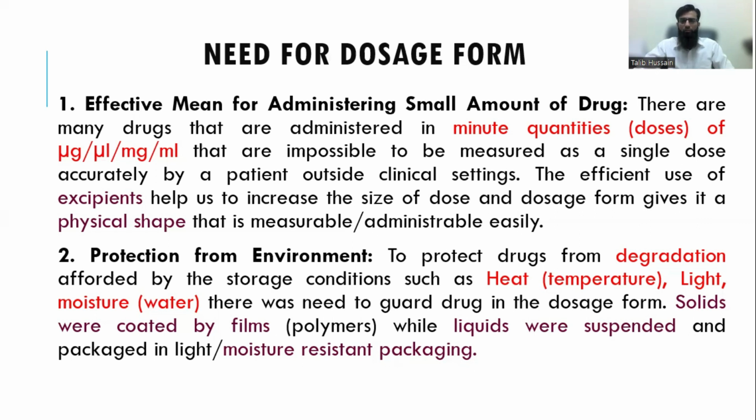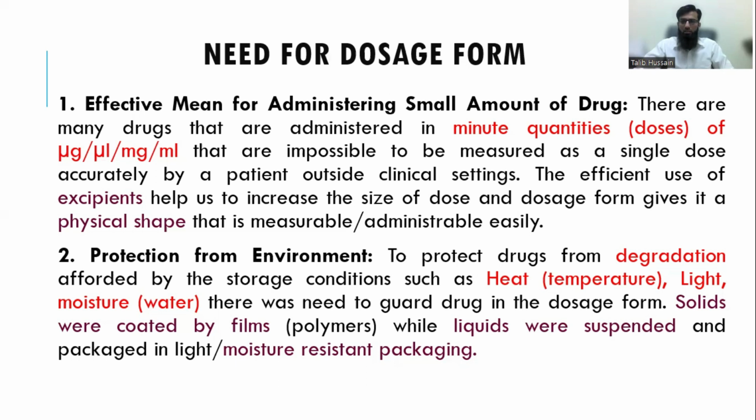For example, if we are adding solid excipients to the therapeutic substance or drug substance, then it will be converted to a solid drug delivery system. And if we are adding some solvents with the active ingredient, then it will be converted to a liquid dosage form. And if we are adding some semi-solid preparations, for example, some gels or ointment bases or some ingredients from the gelling agents, we develop a semi-solid dosage form.